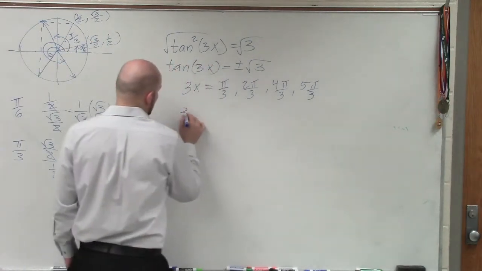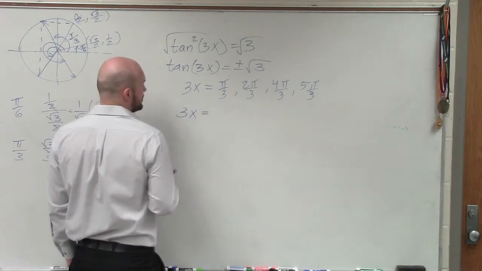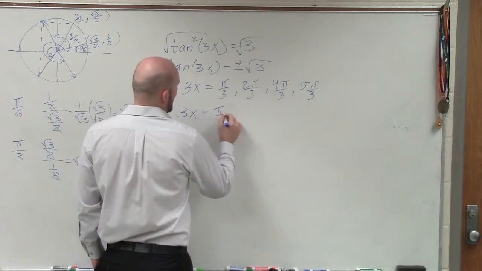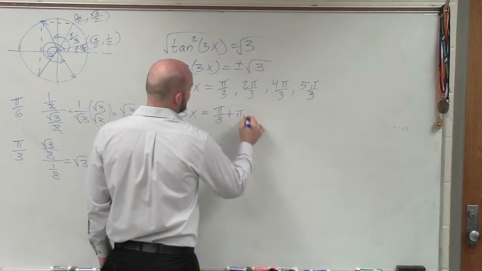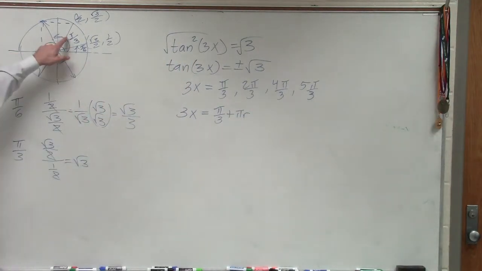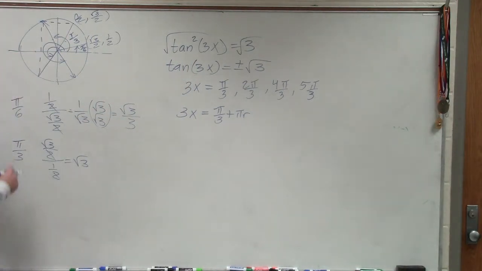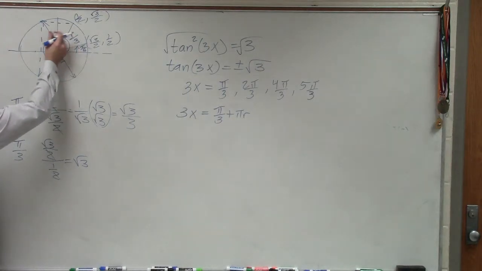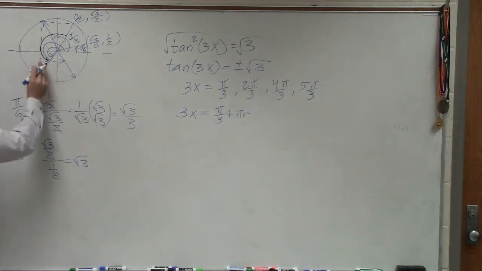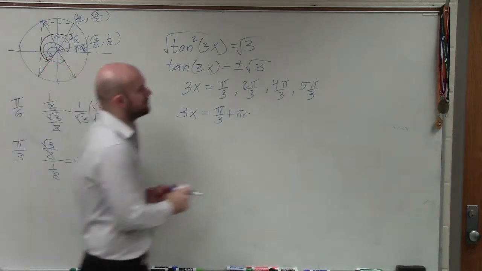So I can simplify this as 3x equals pi over 3 plus pi r. Because if I add pi to my pi over 3, that takes me to my next solution, 4 pi over 3. So therefore, I'm just not going to rewrite this.